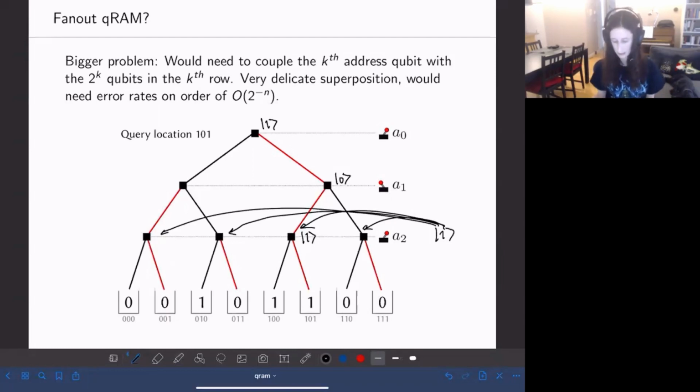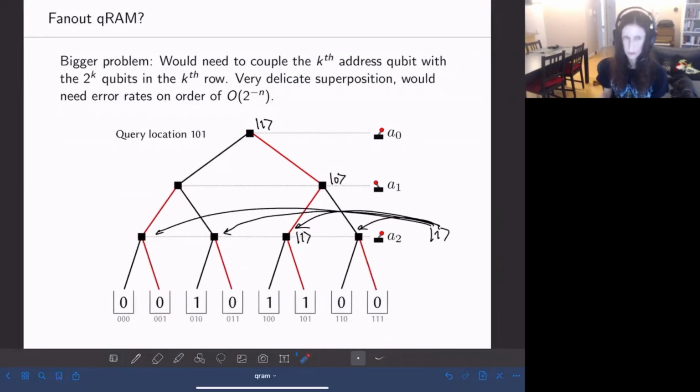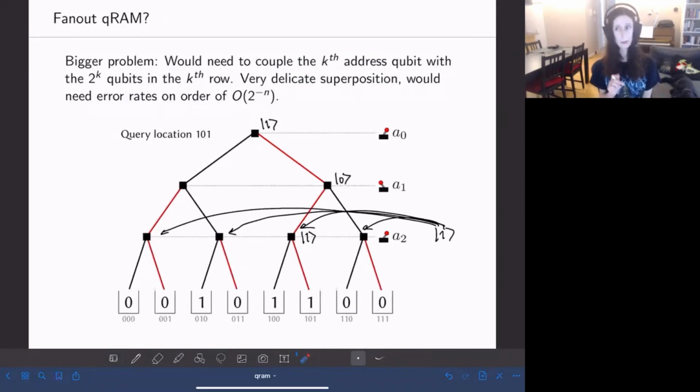And so that's going to get really hairy really fast because there's an exponential number of cells in each row. It grows. So that's a very precarious superposition, and error rates are low. Like, you're not going to want to do something like that. Sorry, error rates are high. Fidelities are low. My bad.